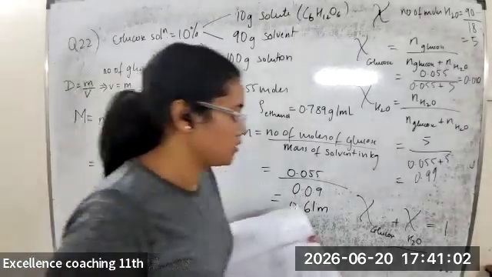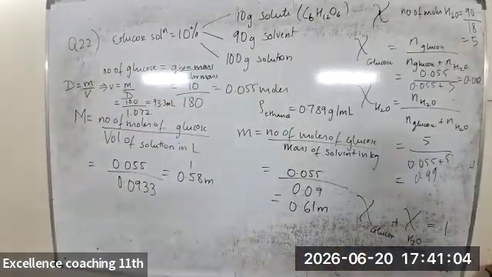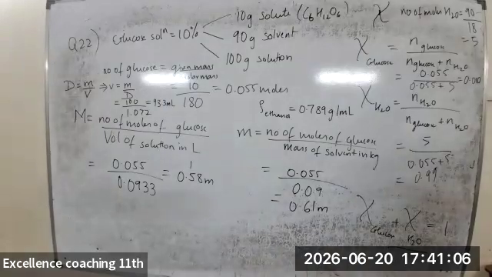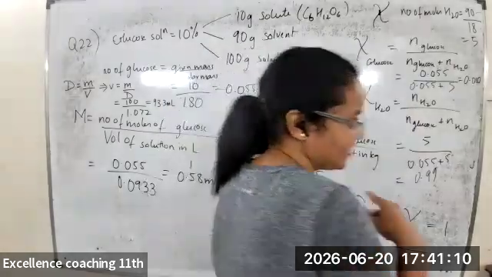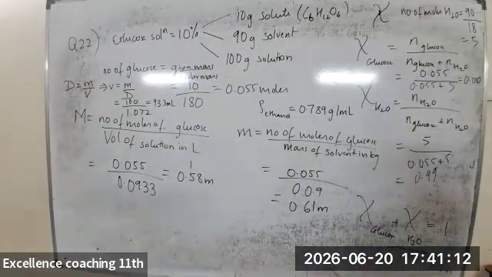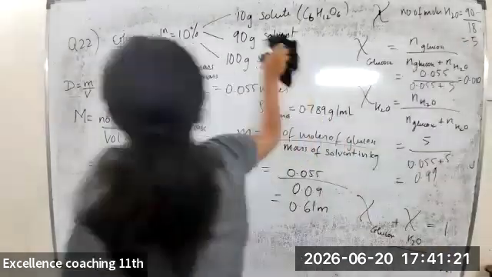Density of water is always 1. Yeah, this is the symbol for density. Okay. You all made a note, right? Density of water and ethanol.